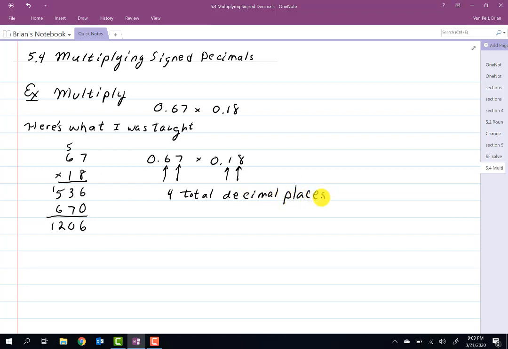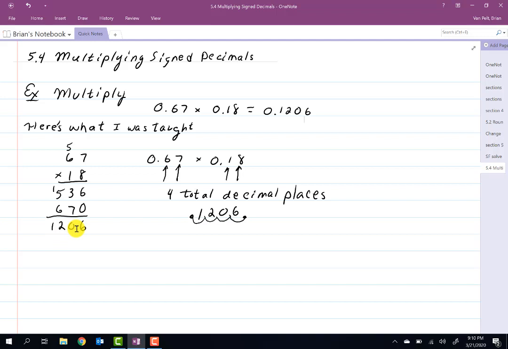So what we did is we took our answer, the 1206, assuming the decimal was after it, because I didn't have any decimals in here. And then what she told us to do, it was a she, by the way, is go to the left 4 places, so the decimal wouldn't go there. There's 1, there's 2, there's 3, and then there's 4. This is where the decimal would go. So our answer to this would be 0.1206.